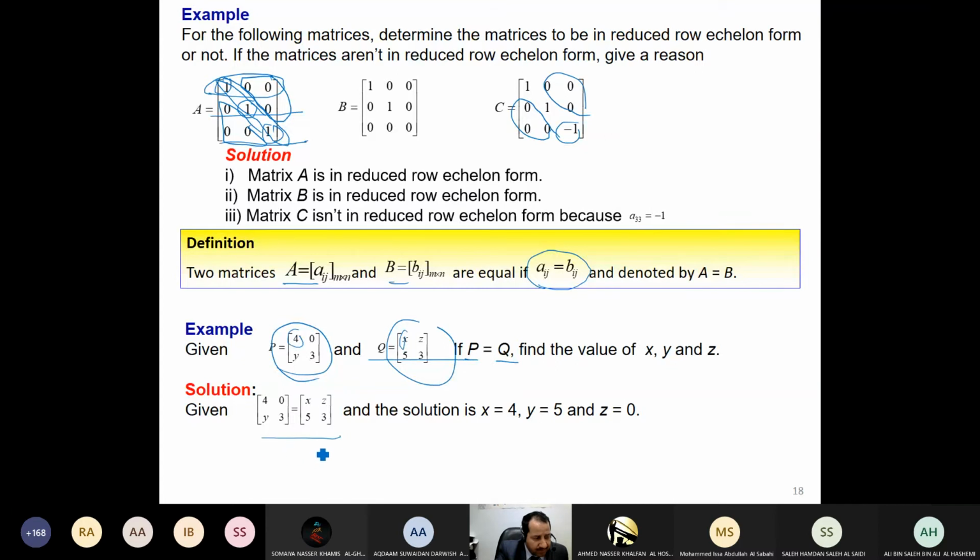I equate between them. Now, these 2 matrices are equal only if this element equals this element, and this element equals the element in the same place. So 4 equals x, 0 equals z, y equals 5, 3 equals 3. Then we say these are equal matrices.